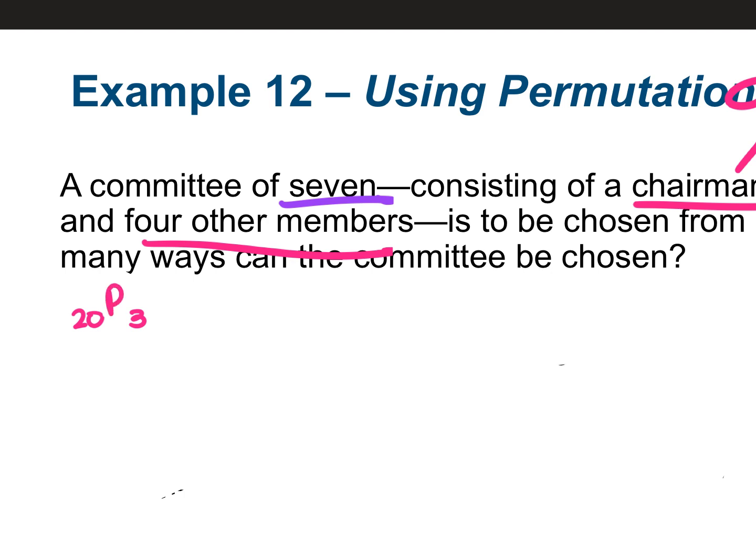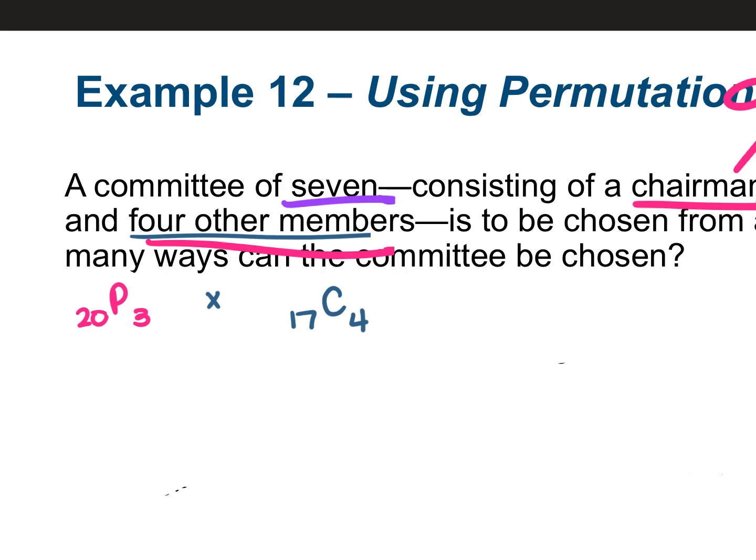For your combination, though, there's those 4 other members, which don't have specific titles, but you're going to use them within what's left over. So if you subtract the 3 that you've already chosen for the chairman, the vice chairman, and the secretary from the 20 that you started with, that's a total of 17 that you can choose from. Out of that, you're picking 4 members.